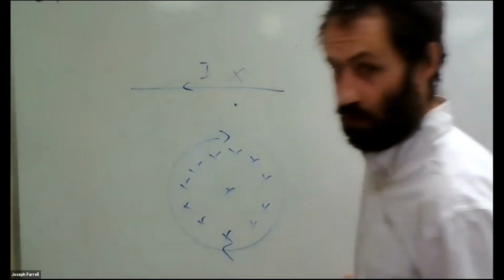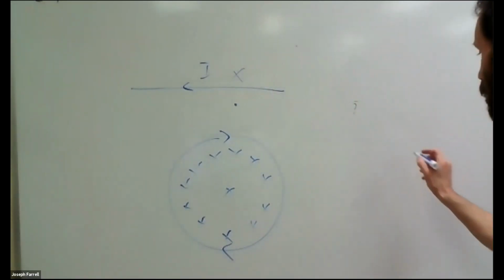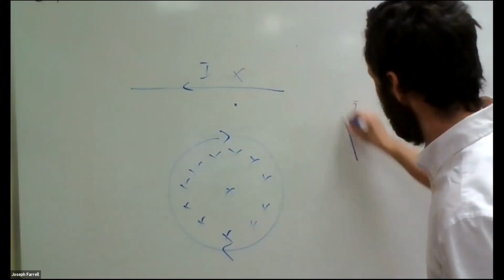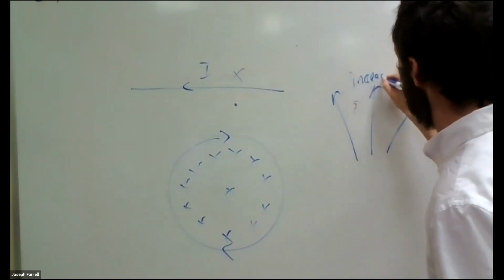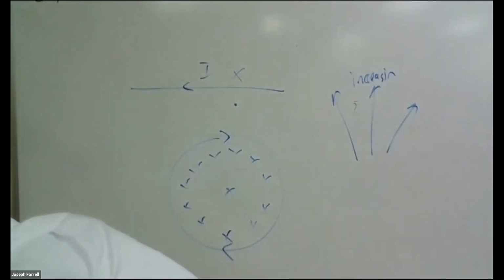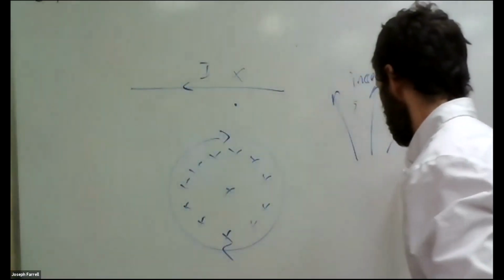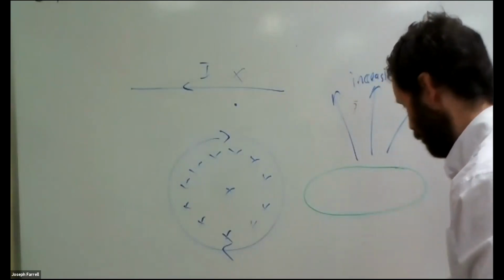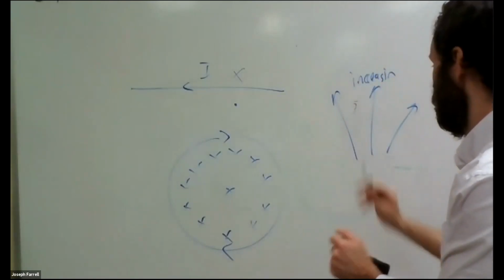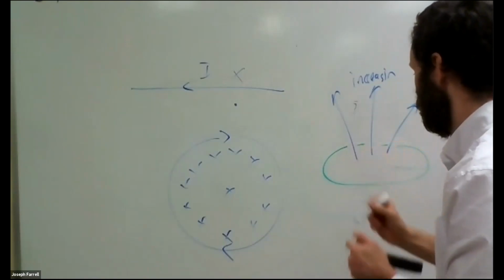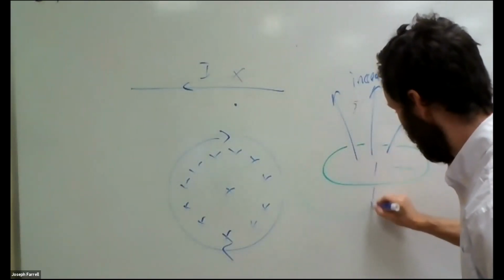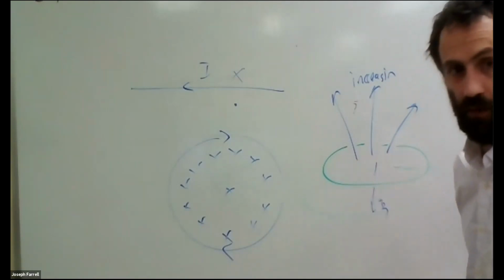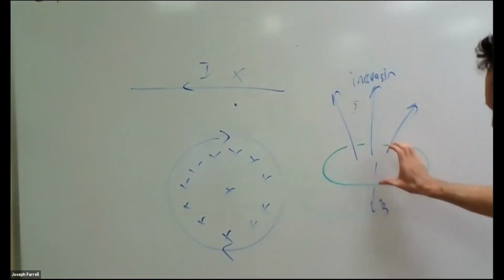So in the case we were just talking about, you've got a magnetic field going like this, and it's increasing. We've got a wire loop like this. The induced field has to be down like that. Which way is going to create a downward field?